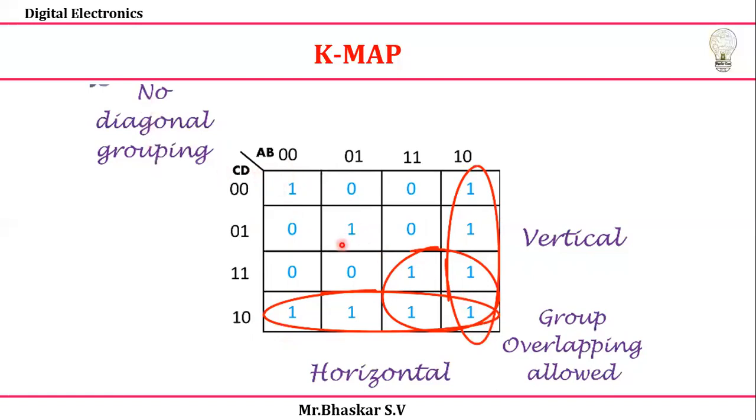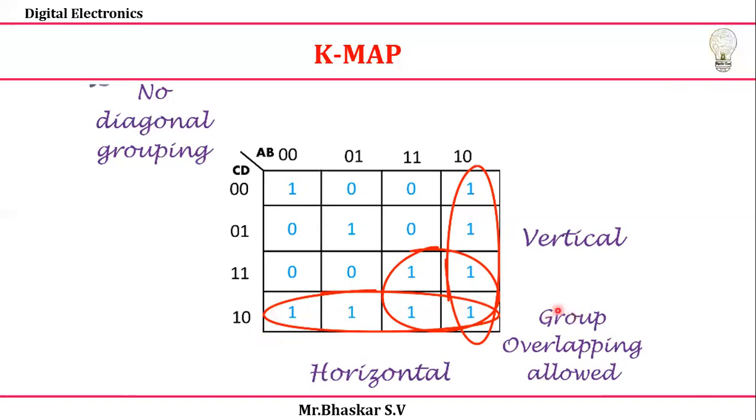Vertically you can group, or horizontally also you can group. While grouping, 1 is possible, 2 is possible, 3 is not possible, and 4 you can group. Similarly, horizontally it is also possible.